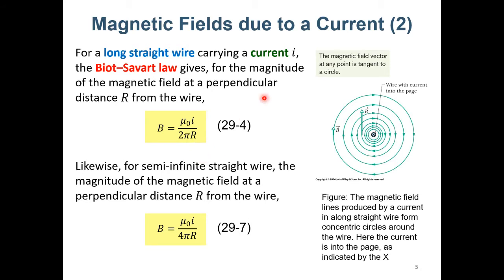So here we have a wire going into the page. You can see the cross here means the current is going into the page. And then you use the right-hand rule.